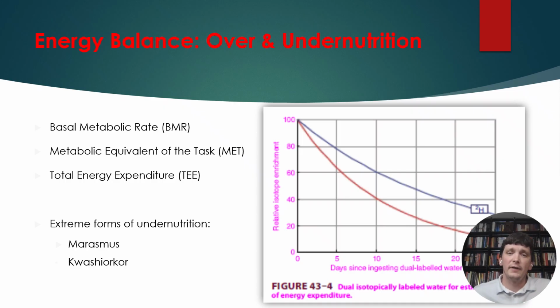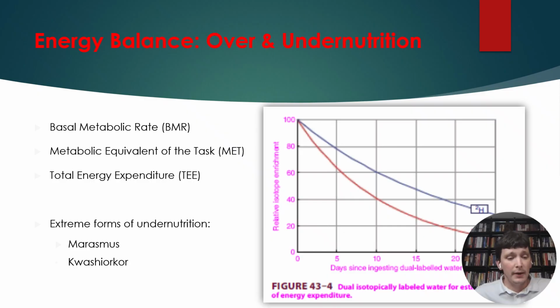Energy balance is about matching what we eat to what we burn. Our basal metabolic rate, or BMR, is how much energy our body uses at rest. Total energy use also depends on our activity level, measured by MET, short for metabolic equivalent of task.